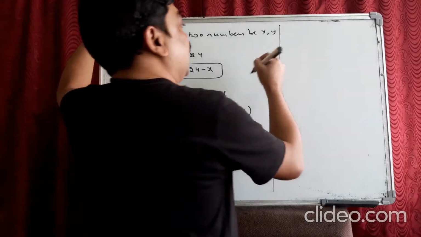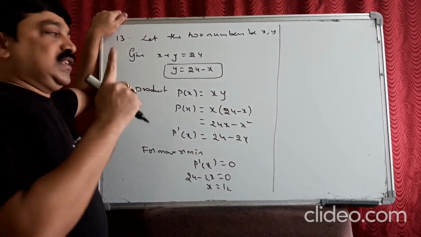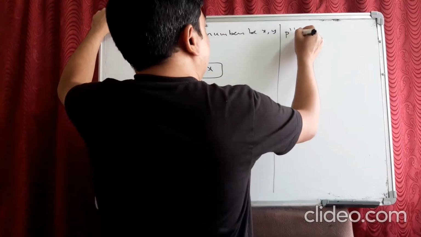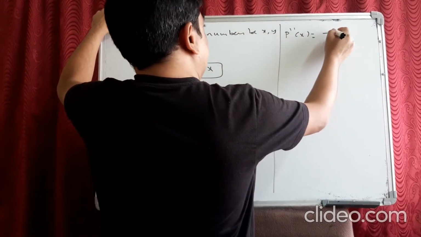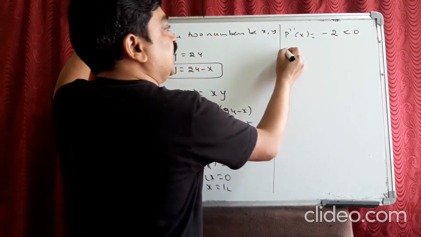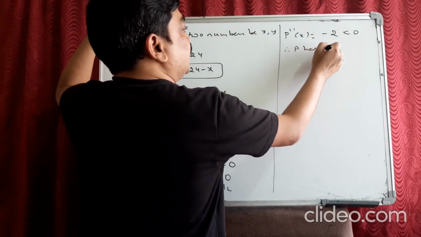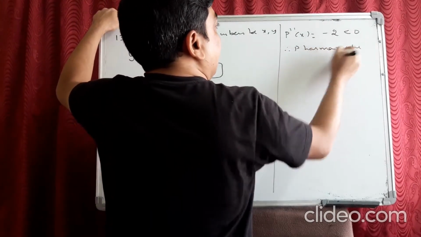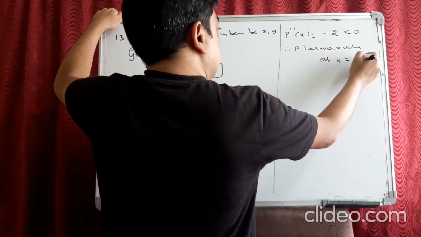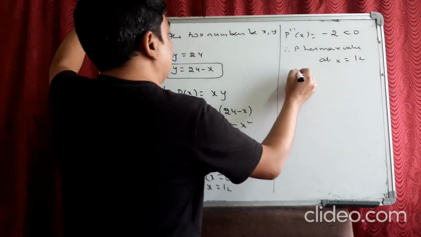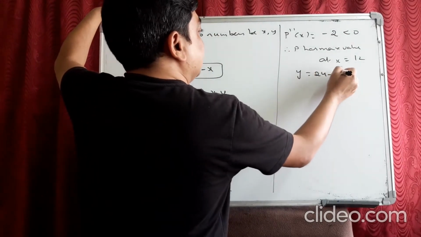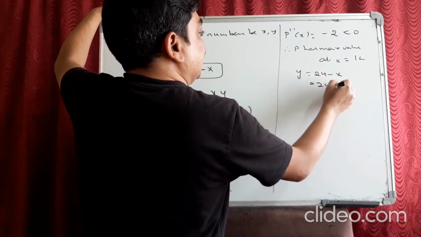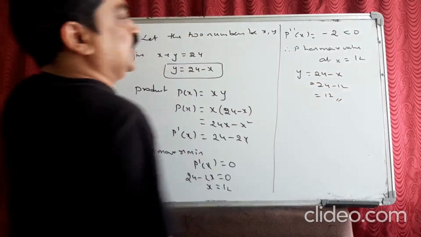That is very, very important, and it carries 1 mark. P double dash of x is minus 2. It is negative. Therefore, P has the maximum value at x equal to 12. When x is equal to 12, what is y? 24 minus x, 24 minus 12, that is equal to 12. Okay?